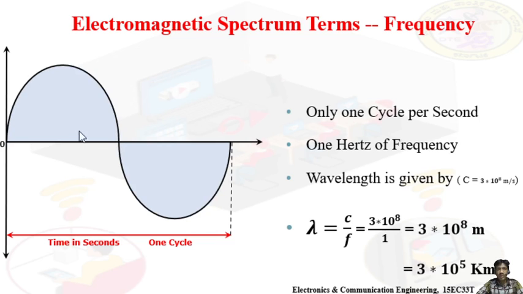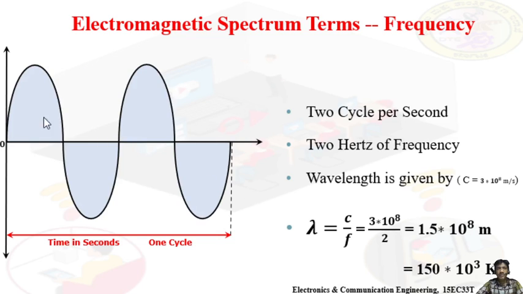If it is one cycle, the wavelength is 3 times 10 to the power of 5 kilometers. If the frequency is doubled, then the wavelength becomes 150 times 10 to the power of 3 kilometers. That is, if the frequency is increased, the wavelength will be reduced.